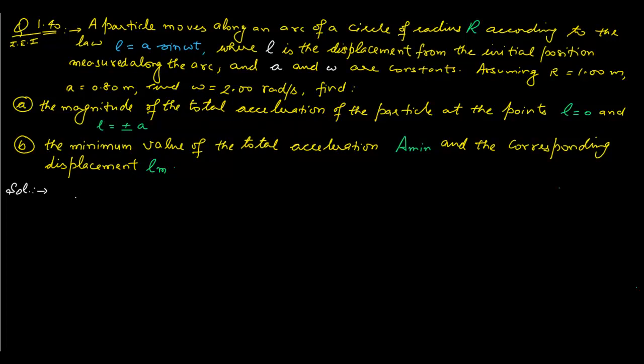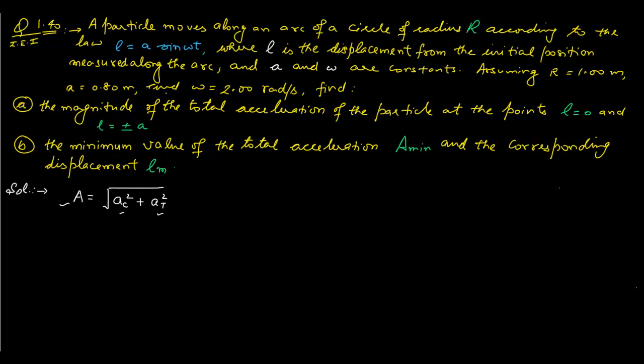Let's denote the magnitude of total acceleration by a, and we know that in a non-uniform circular motion, this a is the square root of the square of the centripetal acceleration plus the square of the tangential acceleration, which gives us the total acceleration at any instant of time or at any position. So in order to calculate this a, we need a_c and we need a_t.